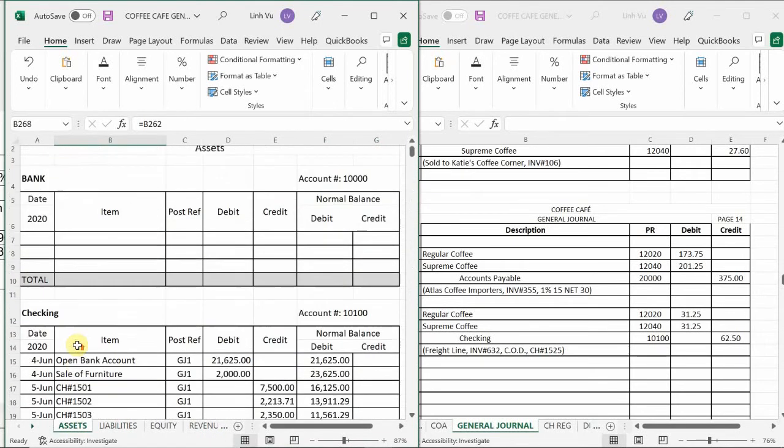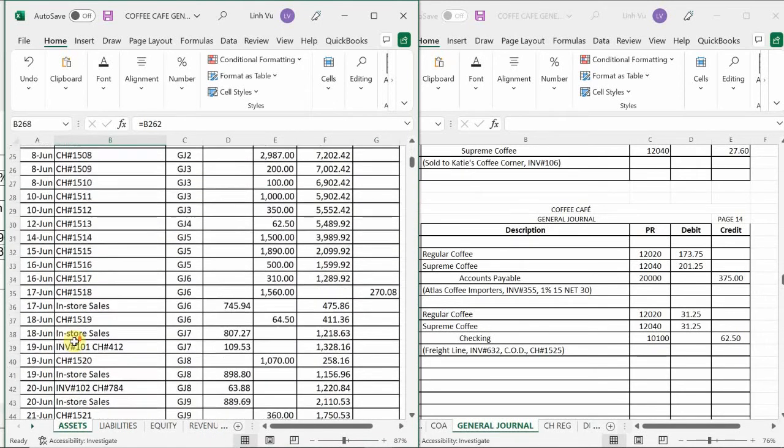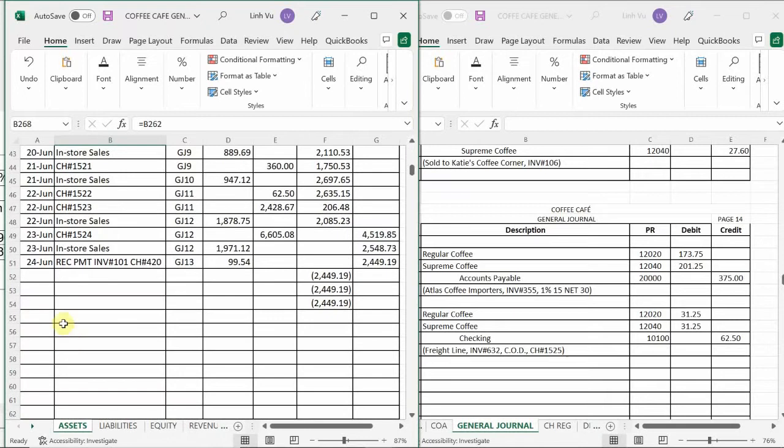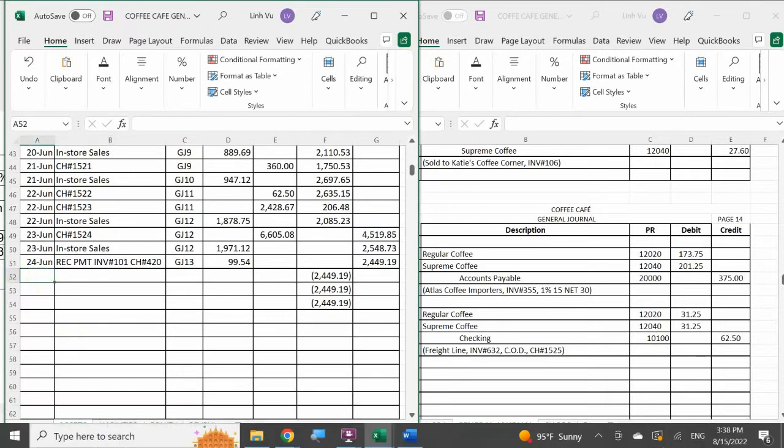Okay, and we go to checking on assets. Check number 1525. Page 14. In the amount of 62.50.